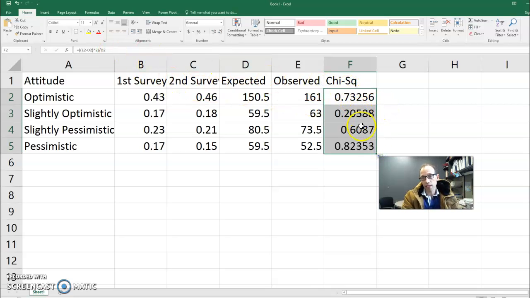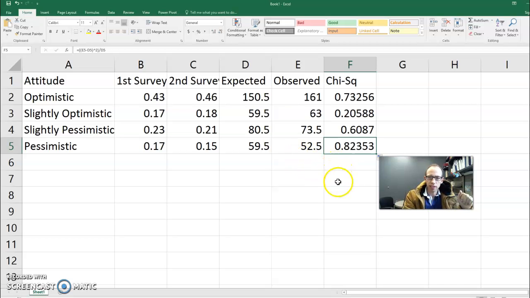Okay, so we're going to get a chi-squared value for each entry that we have here. Notice, by the way, that the higher the chi-squared value, the more that particular category was off from what was expected according to the null hypothesis. Here we can see none of them are too far off. For the pessimistic, we expected 59.5 and got 52.5. That was our biggest deviation.